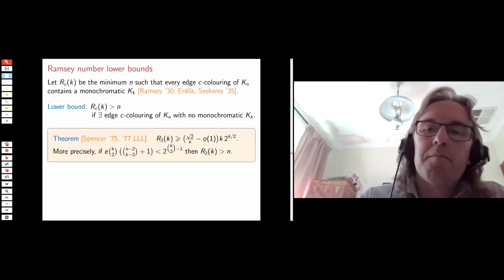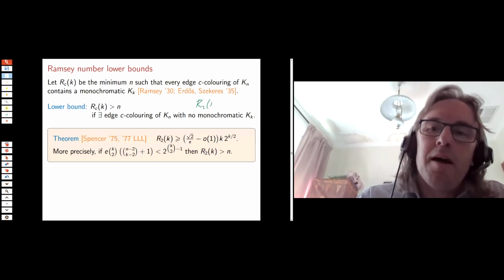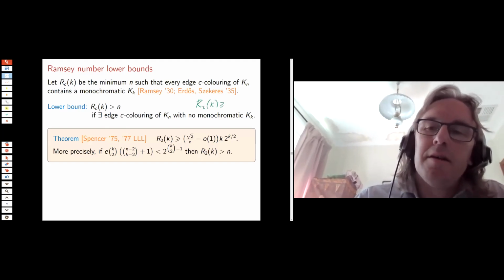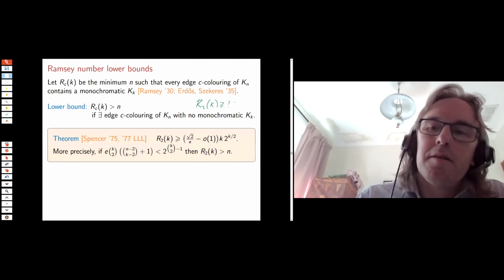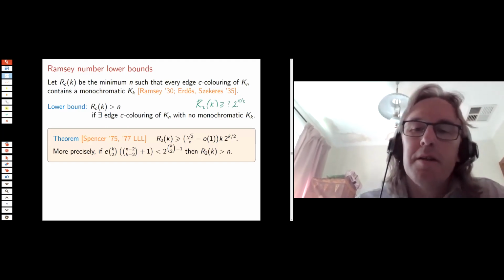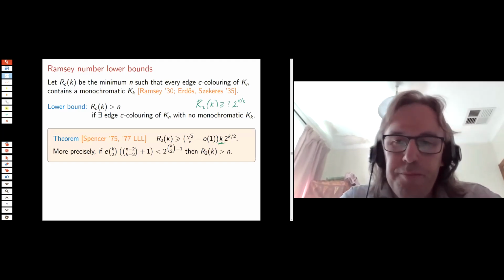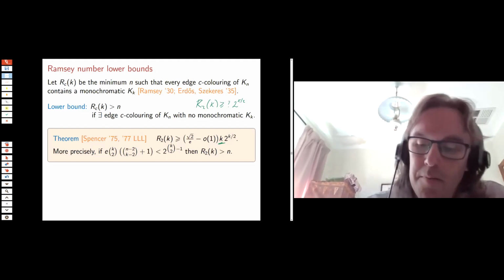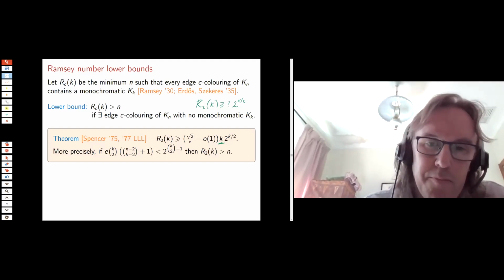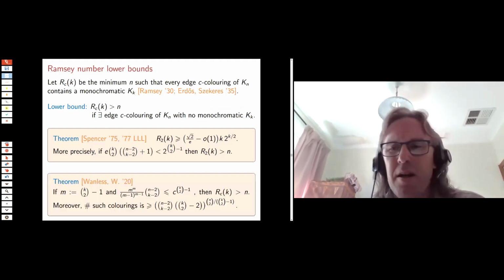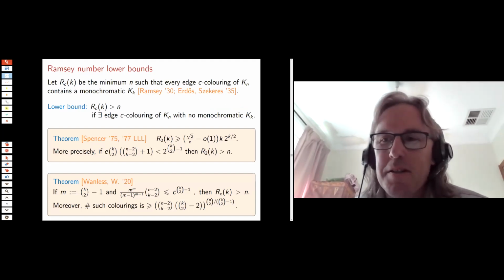If you just do a random coloring, you get the bound R2K is at least, I can't remember the constant, 2 to the k over 2, I think it is. That's right, but I can't remember this leading constant. Spencer noticed that if you use the local lemma, you get an extra k in here. But you can use our method and you get a slightly better bound. I don't expect you to try and read these equations.